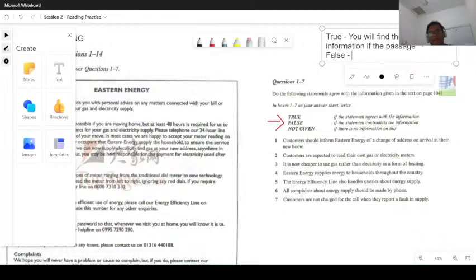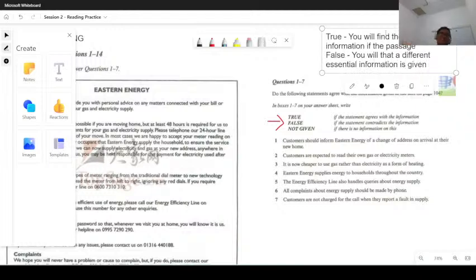If you find it to be False, if the statement contradicts the information, right? So you will see that different essential information is given. What does that mean, to be exact? Like if something contradicts. I'll give you an example.